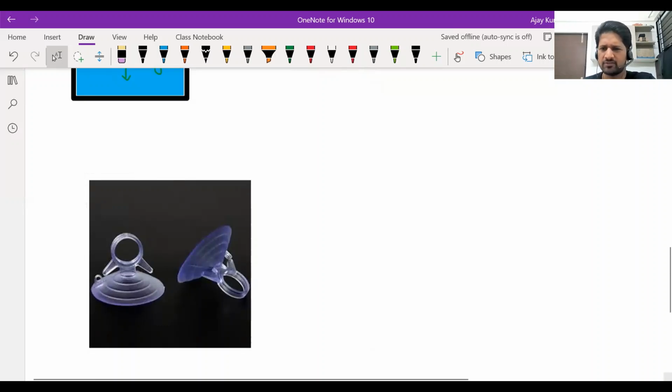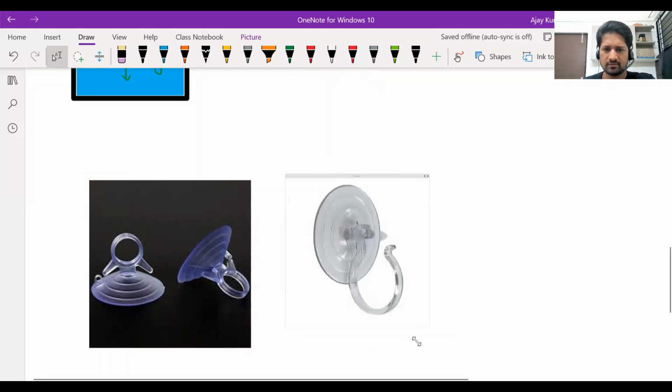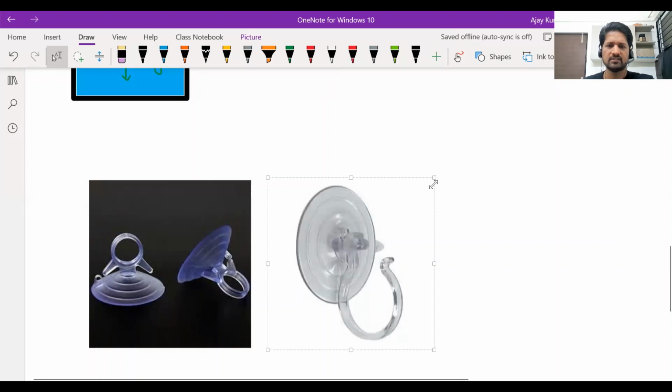Some of you may have seen them being used for attaching car window shades, or in household furniture or accessories. Basically, if there is a smooth surface like glass, you just press this suction holder against the glass surface, and it will stick to it. There's no gum actually, but it will appear as if it has stuck to the surface.